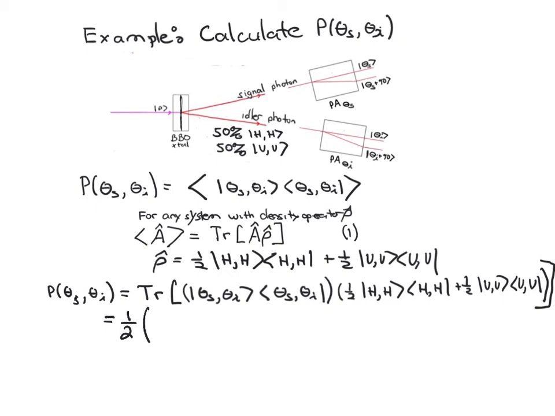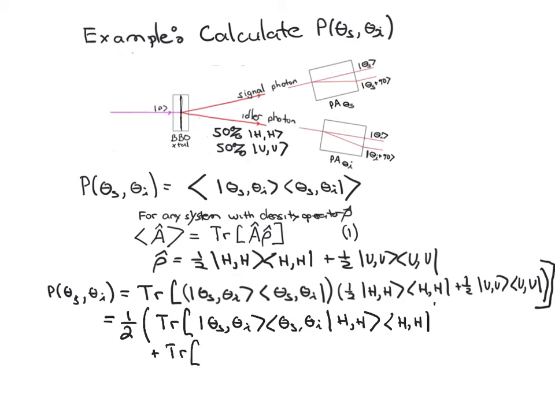So I'm going to write this as 1/2 times the trace of |theta sub s, theta sub i><theta sub s, theta sub i| times |H,H><H,H|, like so, plus the trace.